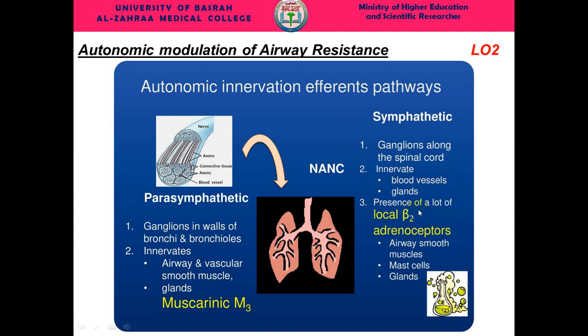And through these beta-2 adrenoceptors, the beta-2 agonists act and they cause bronchodilation. Why? Because beta-2 adrenoceptors in the bronchial wall will cause airway smooth muscle relaxation, and it will reduce mast cell degranulation and will reduce mucus gland secretion.